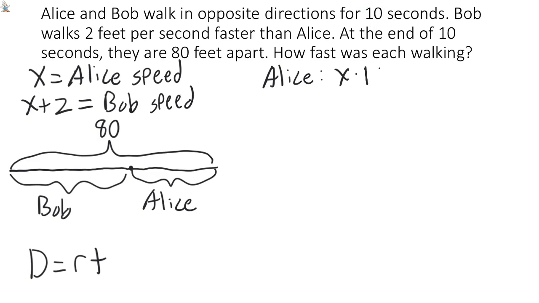So x times 10. For Bob, on the other hand, we can do the same thing. Bob's rate was x plus 2, and his time, just like Alice, was 10 seconds.